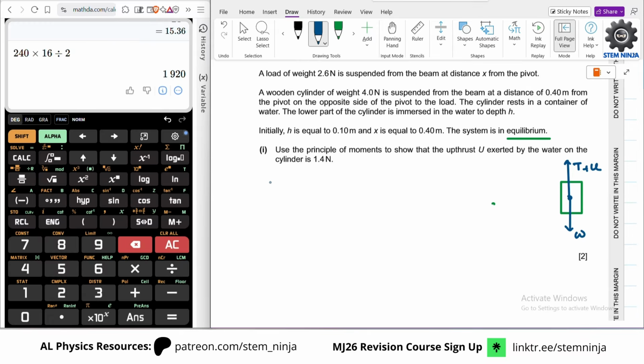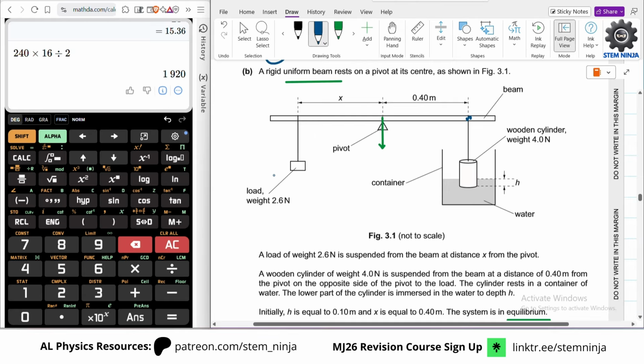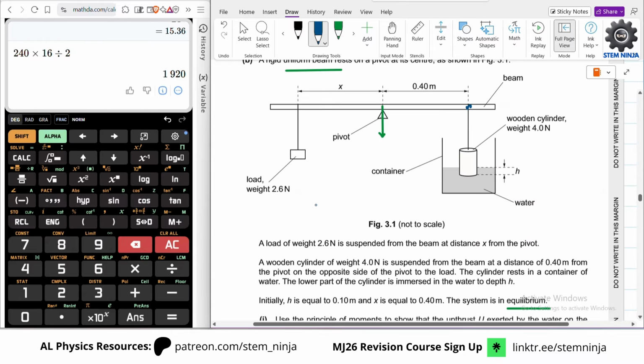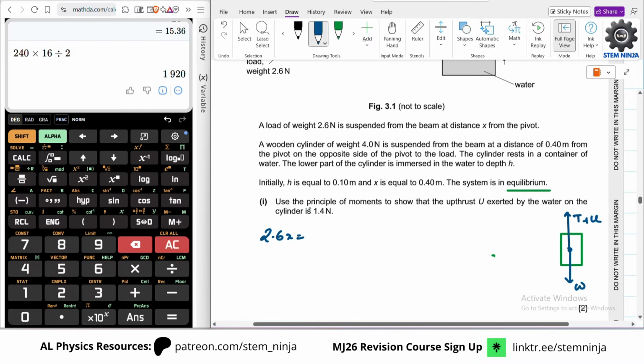Okay, so 2.6 times x equals tension times 0.4, right?